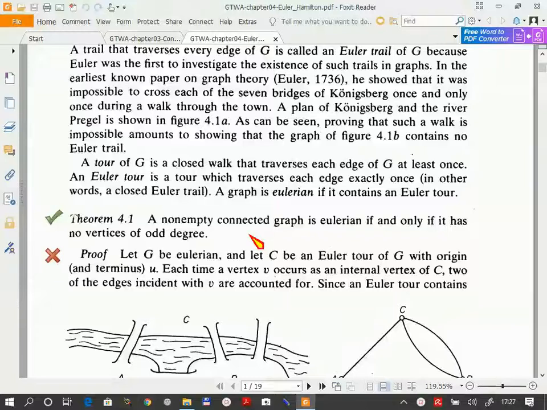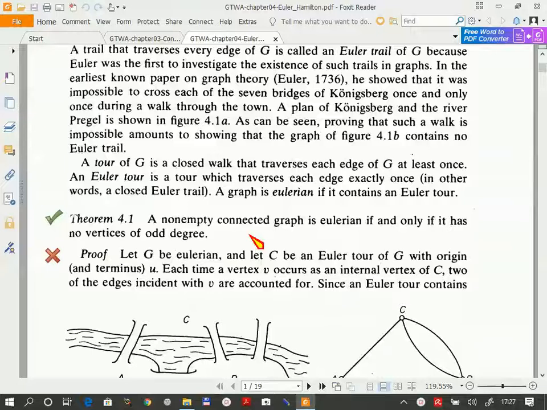You can delete the edges you are going through, but since you delete 2 each time, you are always left with an even number of edges. So whenever you enter a vertex, you are sure that you will be able to get out. This is the intuitive idea of this proof, okay?